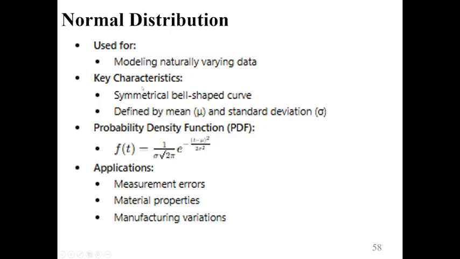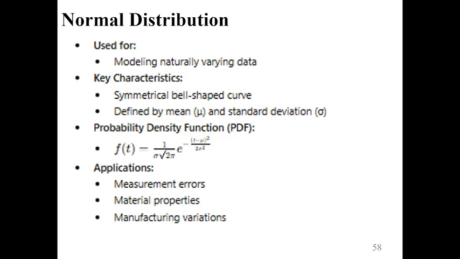I already showed you the normal distribution in a figure like this, so we have a mean value and standard deviation sigma. This distribution is particularly useful for modeling naturally occurring variations such as measurement errors, material properties, and manufacturing tolerances.